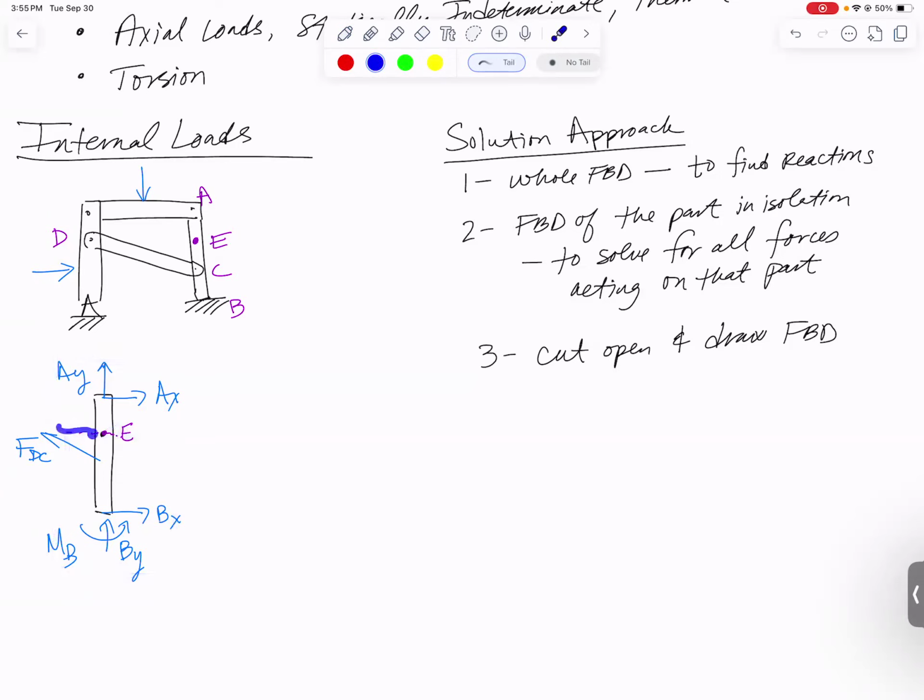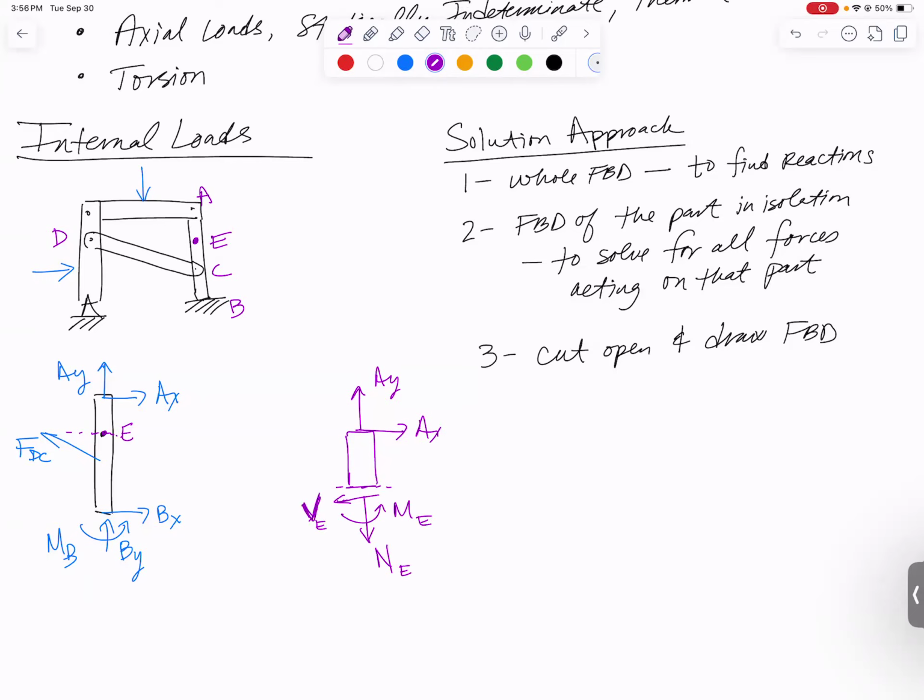I like to take whatever side of E is simpler. That little free body diagram will still have AX and AY on it. And now at the cut, for a general problem of a general part that's not a 2-force member or anything special, you will have an internal normal force, a shear force, and an internal bending moment at point E.